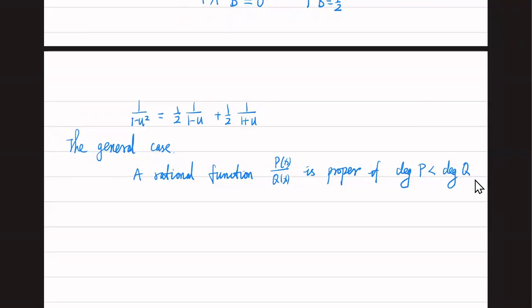If the degree of the denominator is bigger than the degree of the numerator. If it's not proper, we use long division for polynomials to reduce to the integral of a proper rational function.